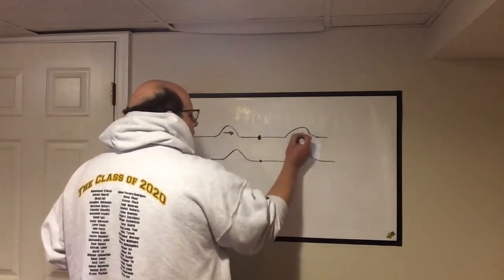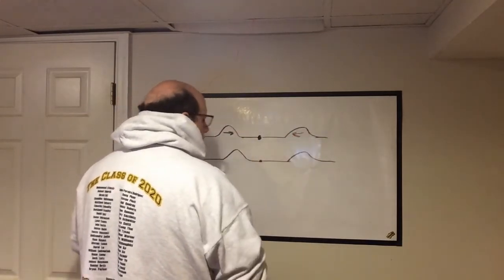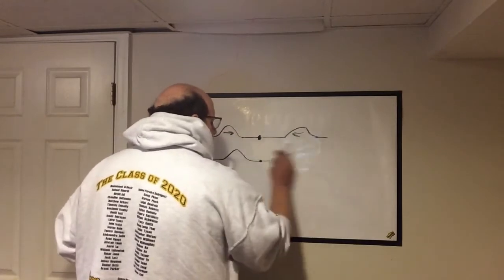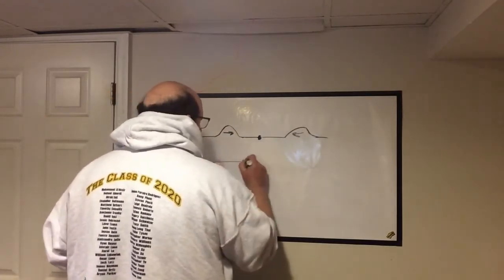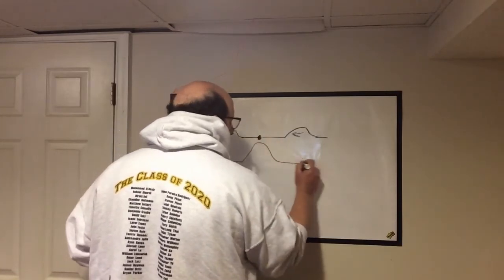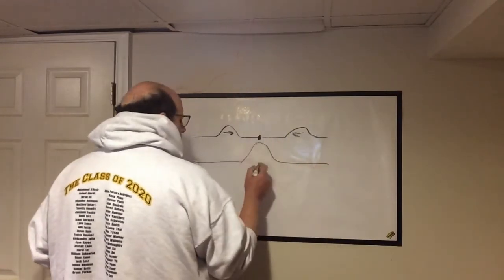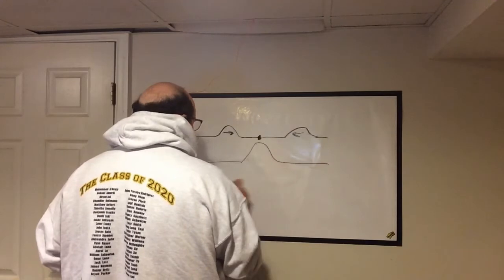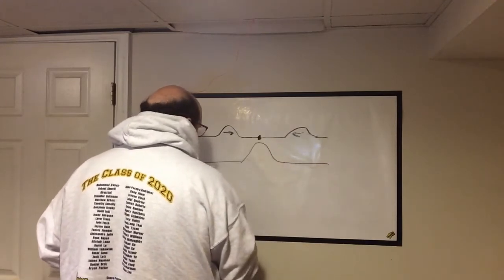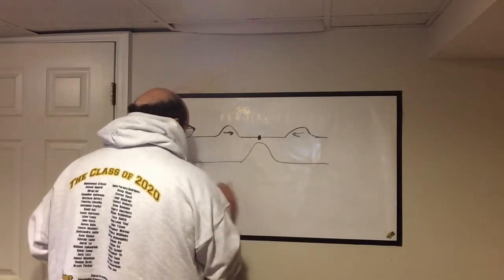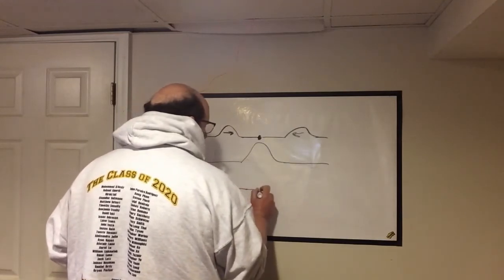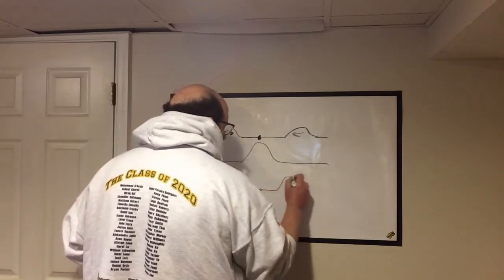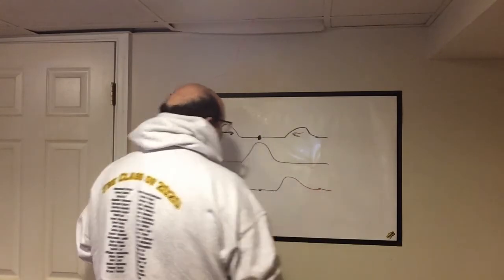So on the way in, they come together, they create a larger wave, they double their size when they come together, but then when they leave, they look exactly as they did previously. They're just going in different directions.